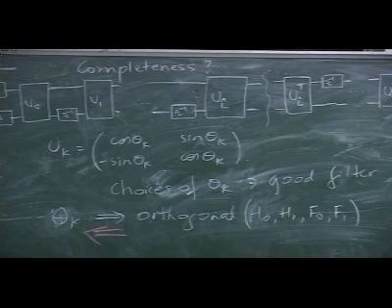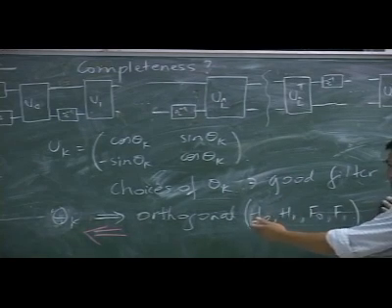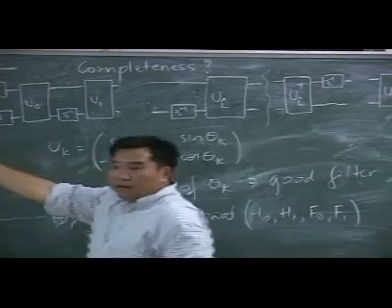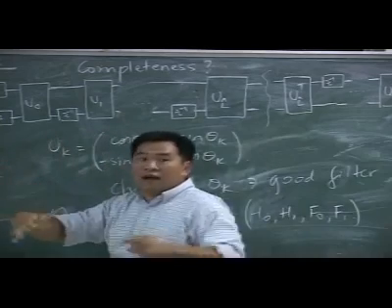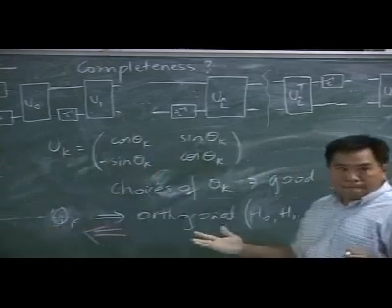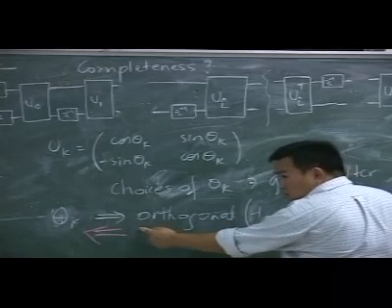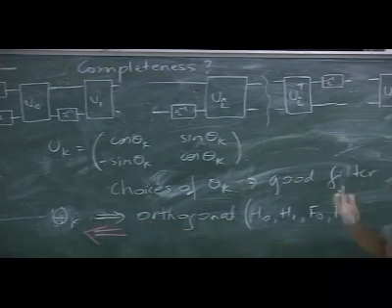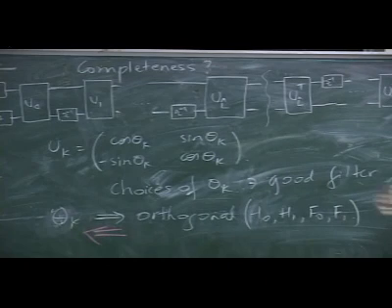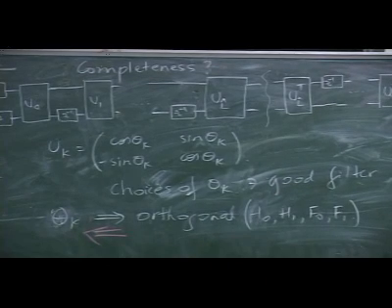In other words, if somebody is not using this kind of design, maybe using half band design, and gives you a four-filter set that's orthogonal. Using half band, you factorize this such that F0 is H0 flipped, and you know H1, F1.